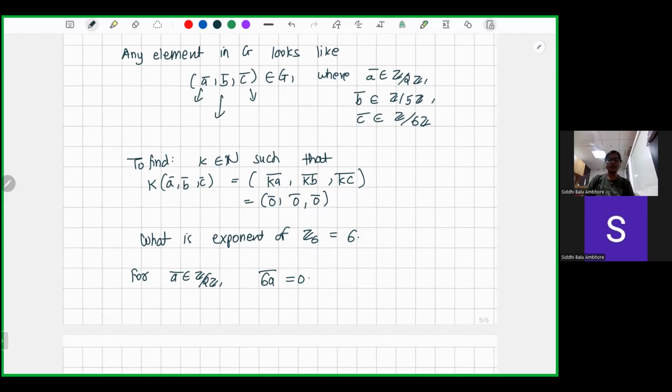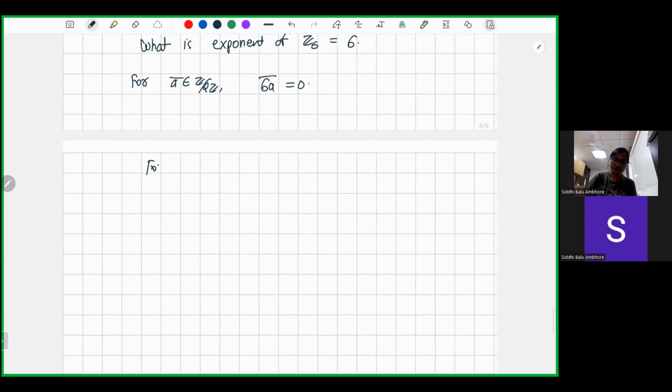Now I have to deal with b bar. When will it be 0? 6b bar need not be 0, because we are in Z5. If I take 1 bar and multiply by 6, that is 6 bar, which is not 0 in Z5. For Z5, the exponent is again the order of the cyclic group, so it has to be 5.